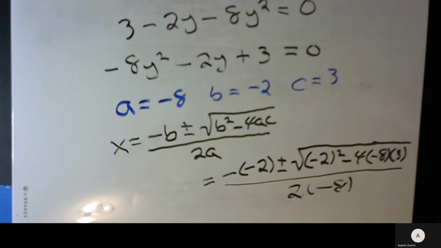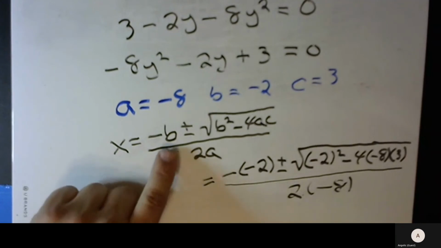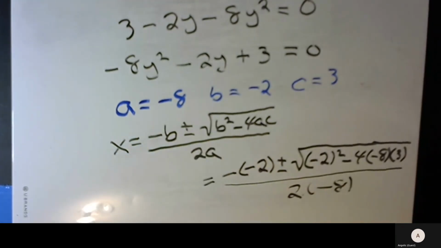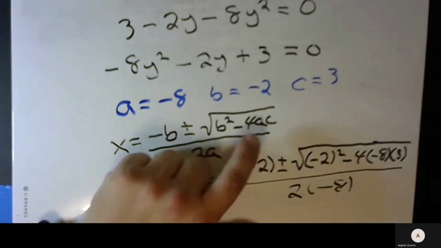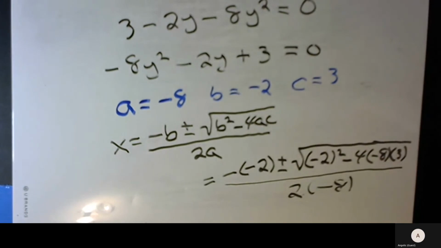So any questions about that? So the b's we replaced with negative 2, the a's we replaced with negative 8, and c we replaced with 3.